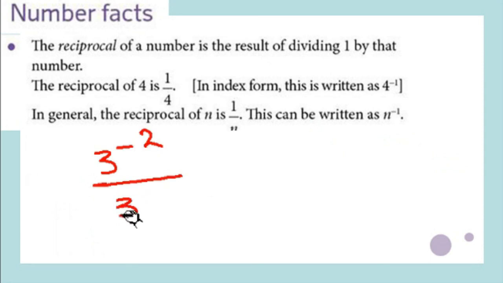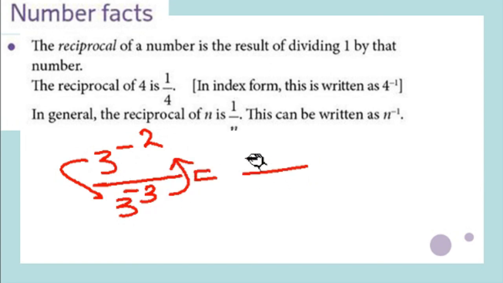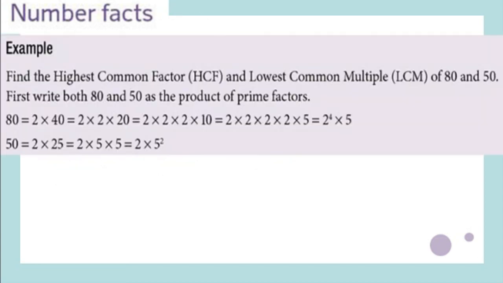The negative power means it is not in its place, it must go down, and this negative must go up. What does this mean, Mister? This will be 3 power 3 above and this will be 3 power 2. That's it. If you see the power is negative, send it to the other place. Done? Okay, next. Let's go to the highest common factor.